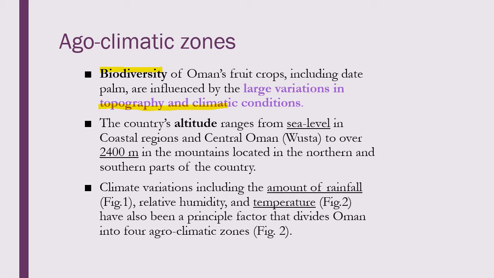There are huge variations in the rainfall. For example, in some parts of the country, it gets about 400 millimeters annually, like Jabal Akhdar, and also in Salalah because of the monsoon. And in other parts of the country, they get very little, in desert areas like Thamrat, like Al-Wusta.